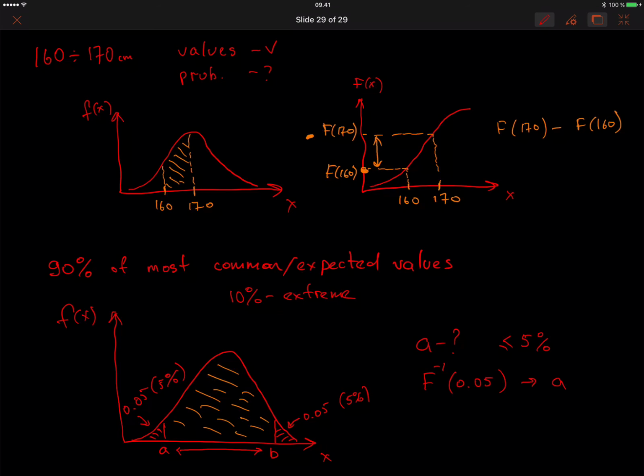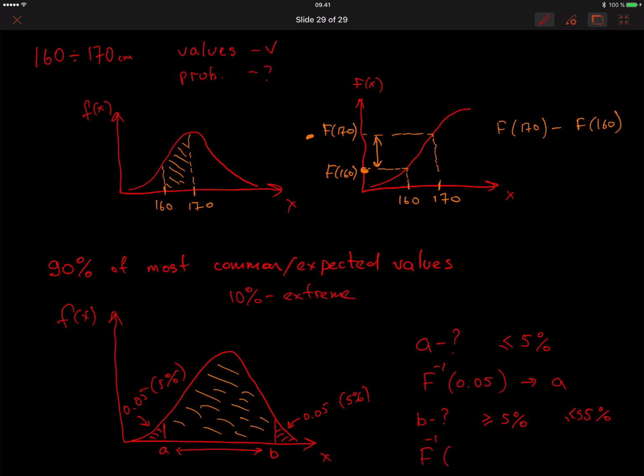Okay? What about B? Well, B is a border between 95% of the smallest values and 5% of the largest. So it means that 5% of all values in our distribution are larger than B, and 95% of the values are smaller than B. So we can just call the ICDF.